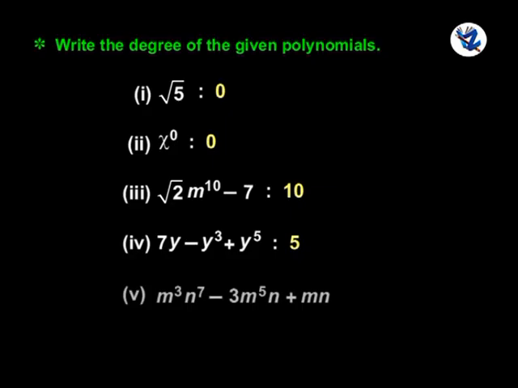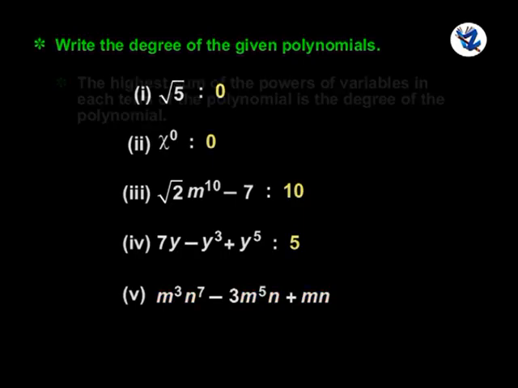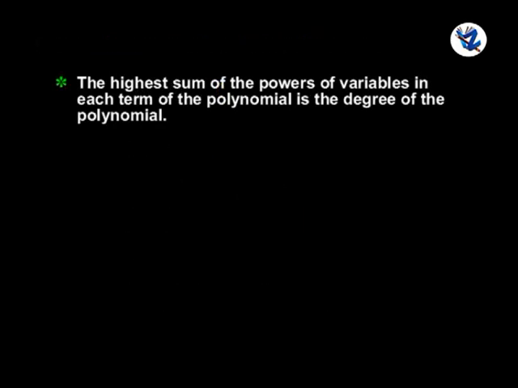Next, m raised to 3 n raised to 7 minus 3 m raised to 5 n plus mn. Here the polynomial is having more than one variable. There are two variables m and n. So the rule is like this: the highest sum of the powers of the variables in each term of the polynomial is the degree of the polynomial.